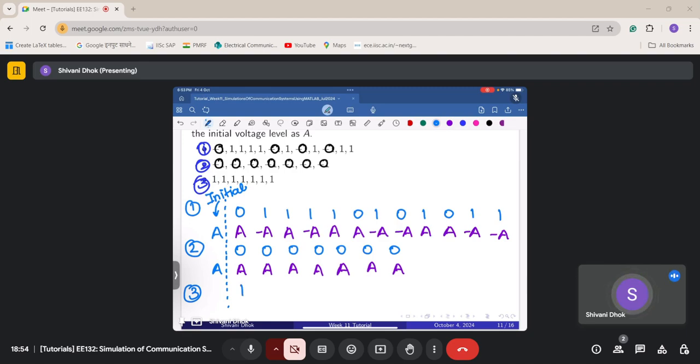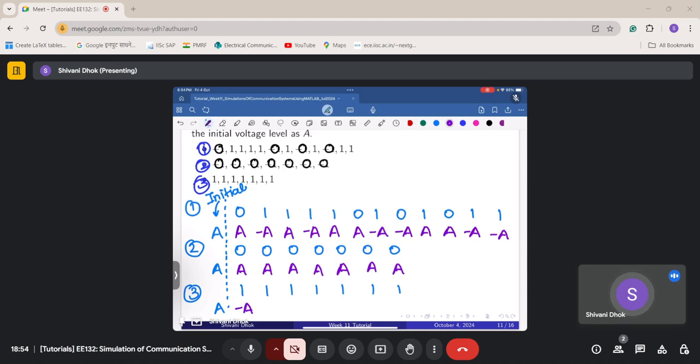The third one is 7 times 1, like this, and the initial voltage level is A. So if the initial voltage level is A and I'm seeing a 1, I will change the phase to minus A.